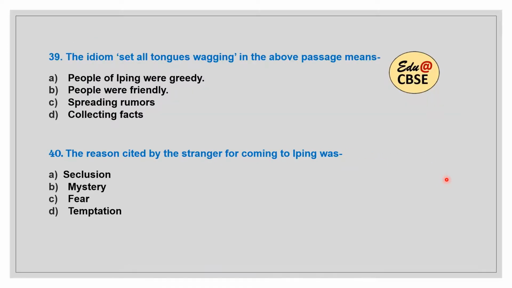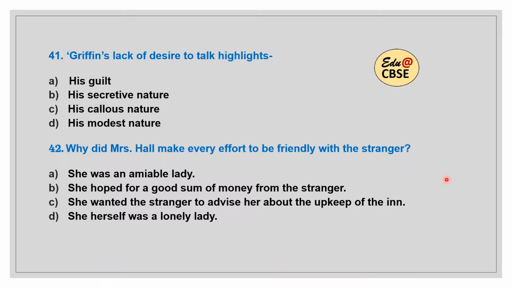The idiom set all tongues wagging in the above passage means. Next one. The reason cited by the stranger for coming to Iping was. Griffin's lack of desire to talk highlights. And the last question. Why did Mrs. Hall make every effort to be friendly with the stranger?